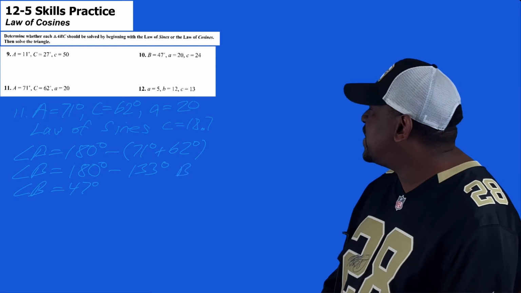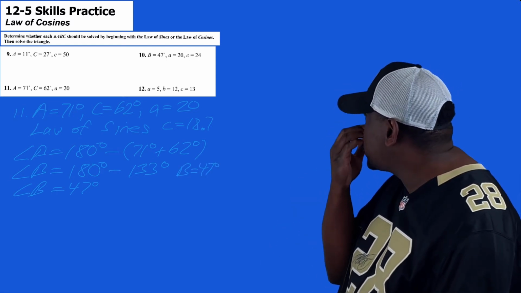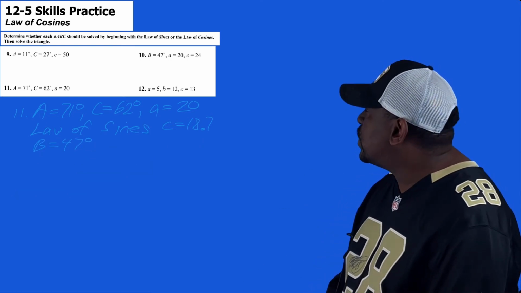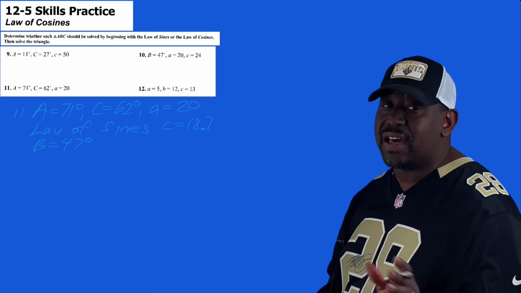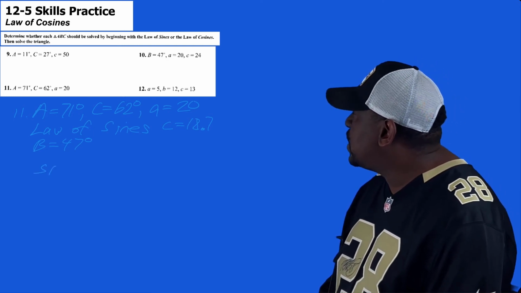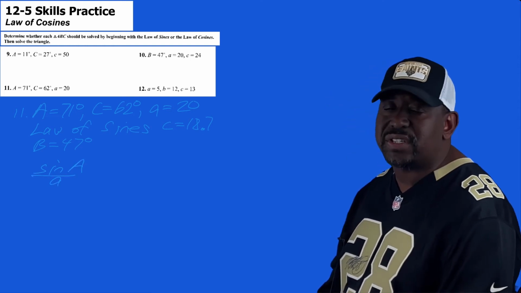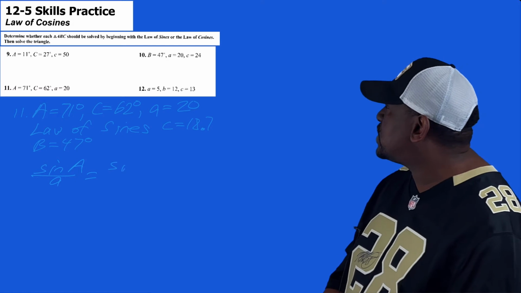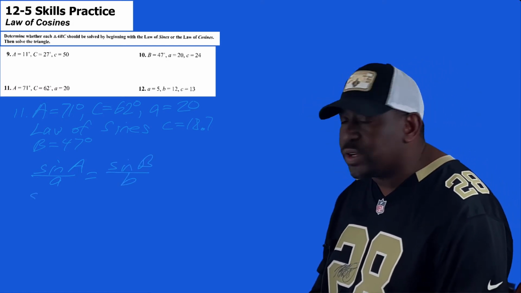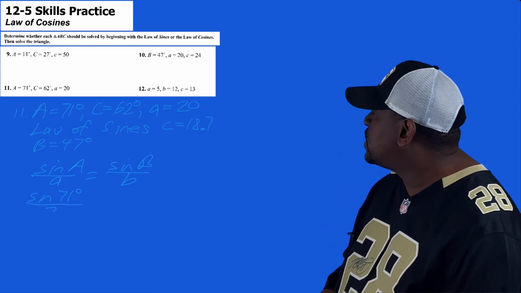So angle B is 47 degrees. So now we have one more thing to solve for. We need side B. We're going to use the law of sines, not cosines, to get side B. And so we use sine A over side A equal to sine B over side B. We're given 3 of the 4 components, so we substitute those in.